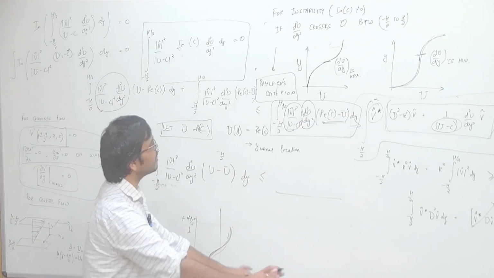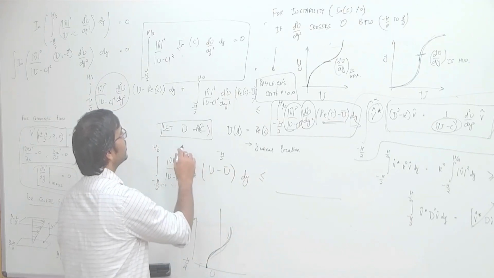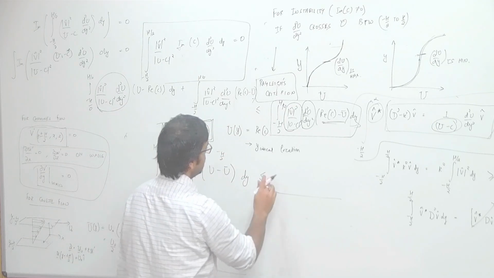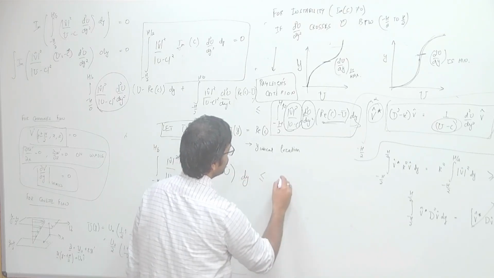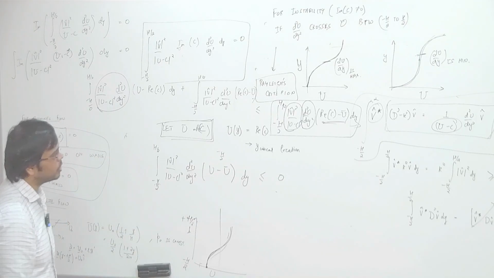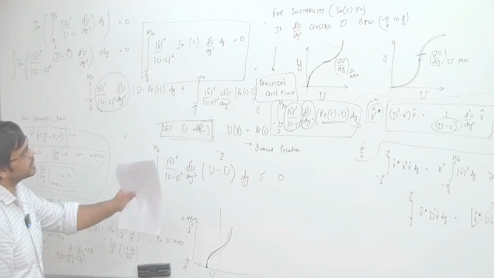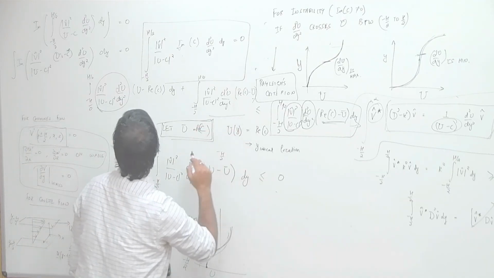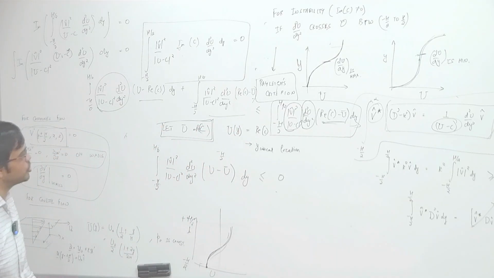But let us try to stay clear of that and just say, okay, u bar is the real part of C. So that means this quantity should be less than or equal to 0. I picked a u bar which is equal to the real part of C, and I am saying this is less than or equal to 0. So I just basically wrote that this is u minus u bar.